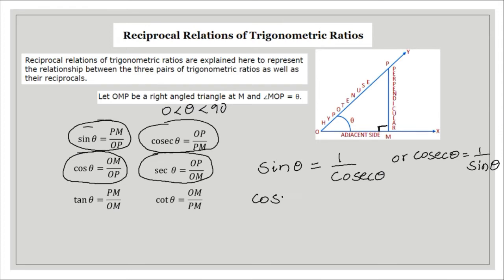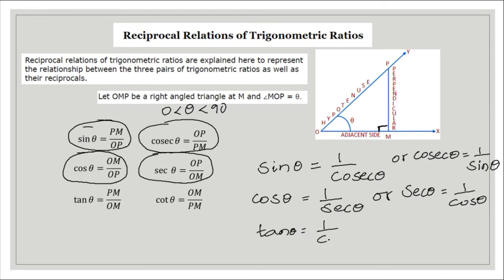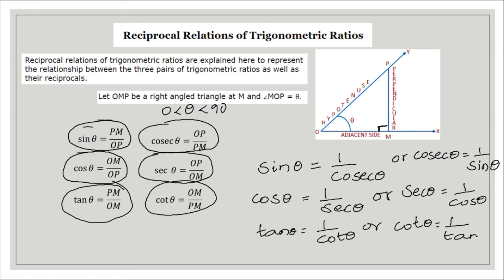Cos theta is the reciprocal of secant theta, or secant theta is the reciprocal of cos theta. Tan theta is the reciprocal of cot theta, and cot theta is the reciprocal of tan theta. These three trigonometric ratios will give three more trigonometric ratios.